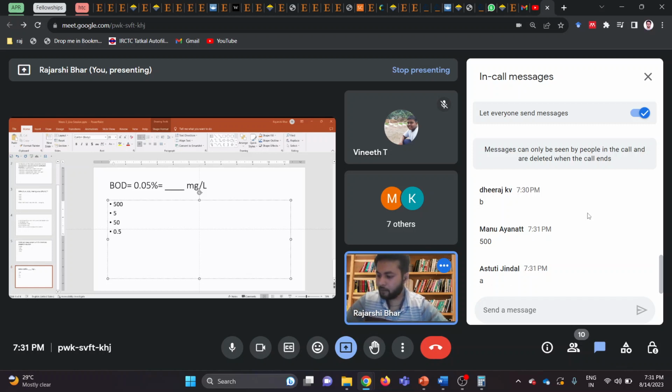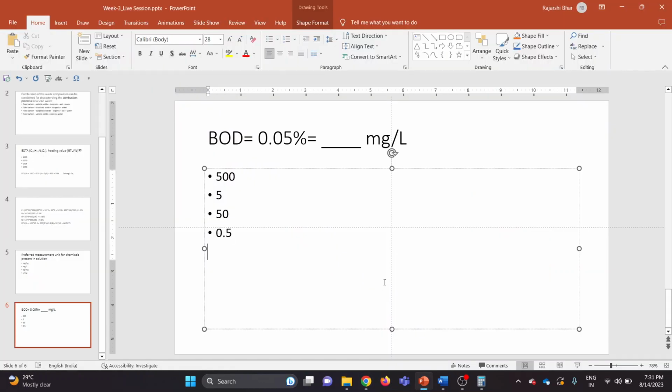Okay, 500, that is the correct answer. 500 milligrams per liter. So how did we get this answer? It is very simple.